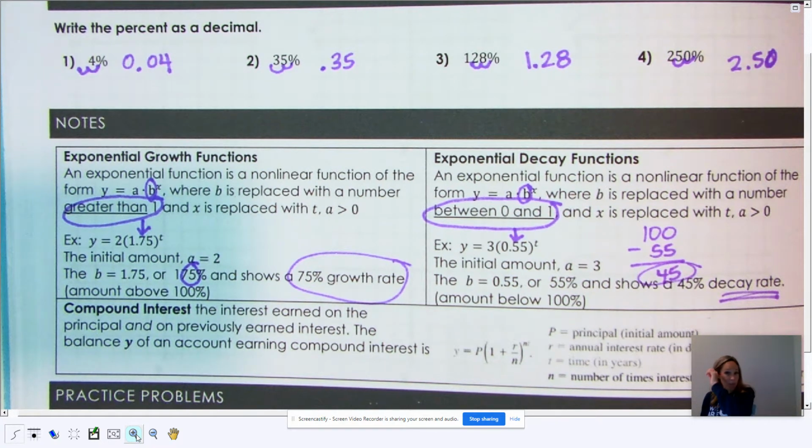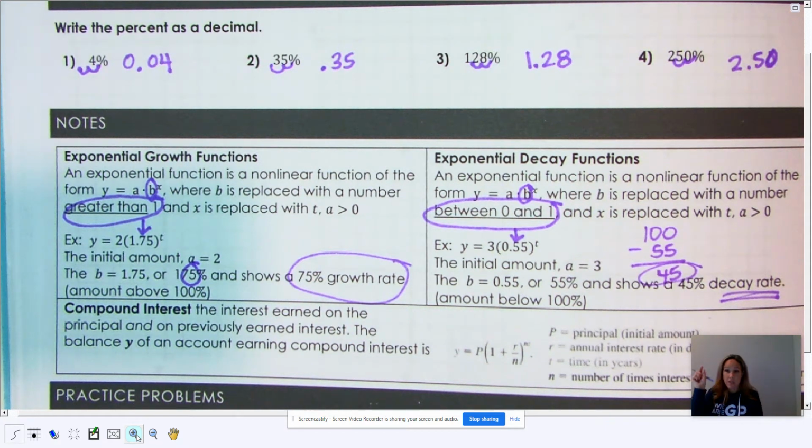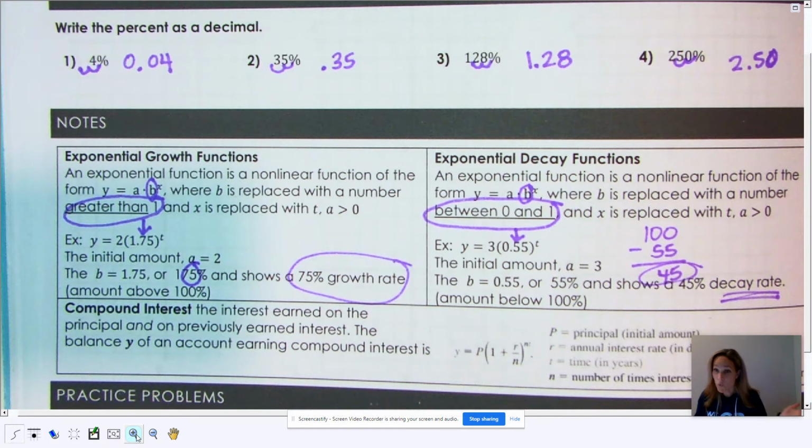Okay, if we have compound interest, that is if instead of just figuring out the interest at the end of the year, you take the yearly rate and divide it by a certain number of times, like quarterly would be 4, semi-annually would be twice, monthly 12, weekly 52. So we're just taking what's going to happen over the course of a year and divide it up into smaller chunks.